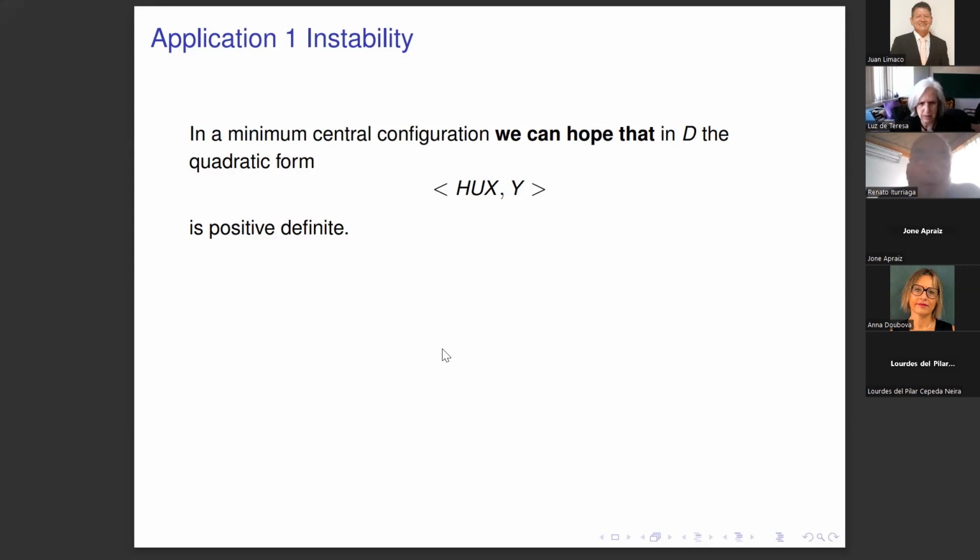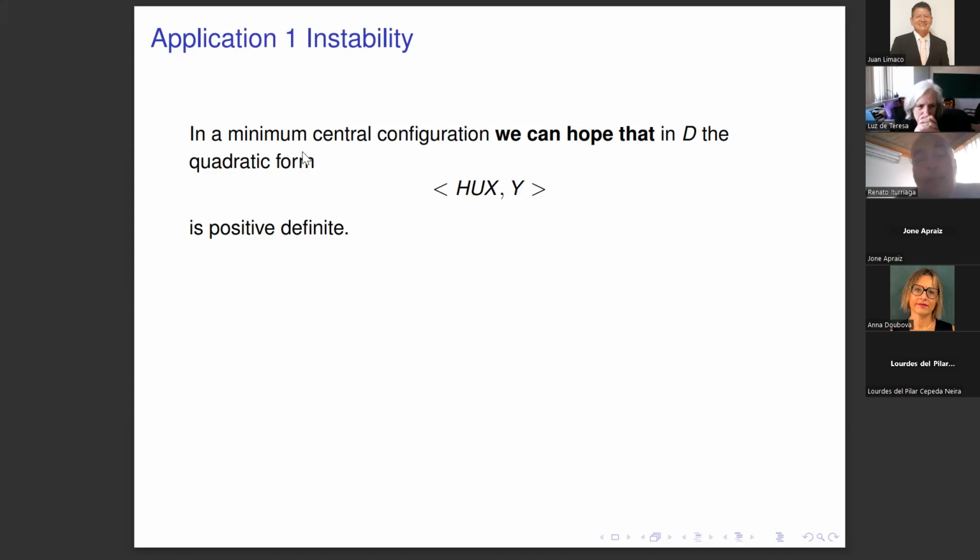It is known since Lagrange that the equilateral triangle is a minimal configuration no matter what masses you put in each body. It was discovered by Lagrange, and I will be mainly thinking of that example. But in general, that's a minimum central configuration.